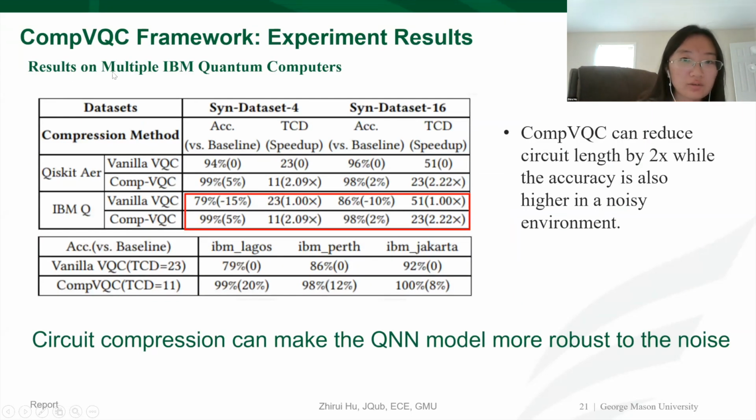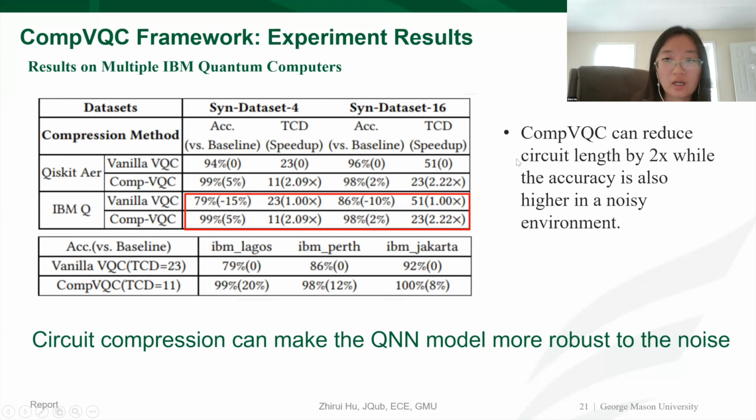Here is the result on the real quantum device. We can see that our compression method can keep the accuracy from decreasing, while for the original circuit, the accuracy degradation is so large.